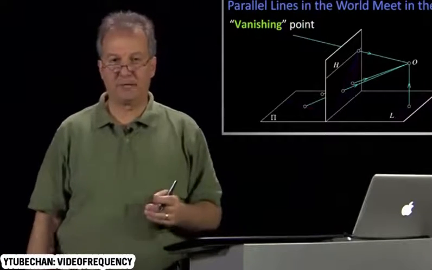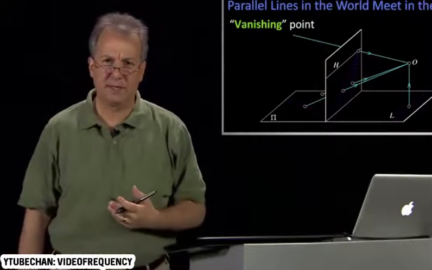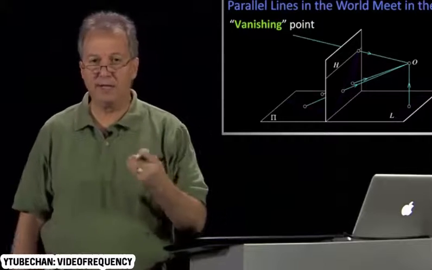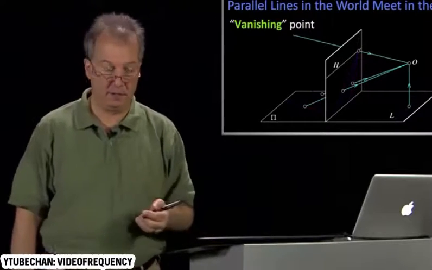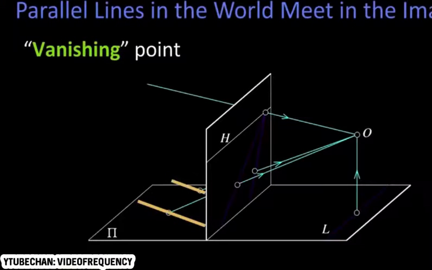A cool thing in perspective projection, and something that you already know, is that parallel lines in the world almost always meet at a point in the image. So here's an example of two parallel lines out on the ground plane, and they project to two lines in the image, and you can see that they meet at this point, sometimes called the vanishing point in the image.